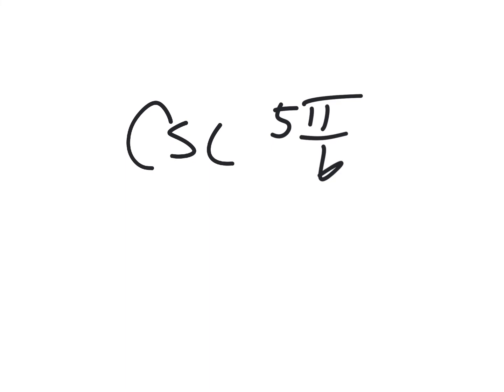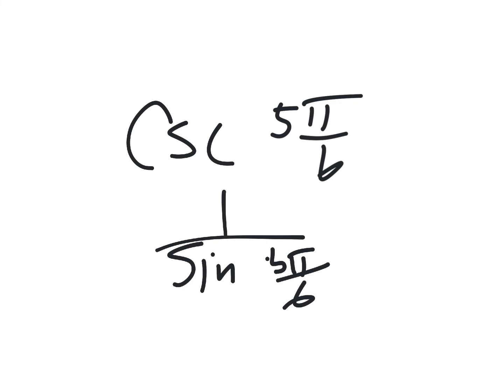What I will do is sine of 5 pi over 6, because it's the sister function. And then I will flip it. So don't even try to do cosecant right off the bat.